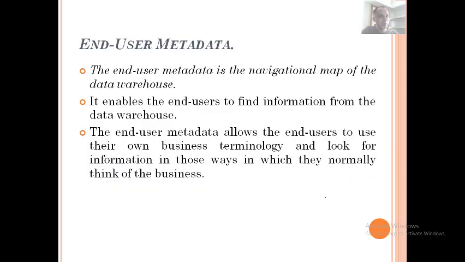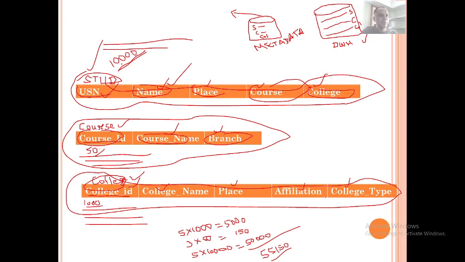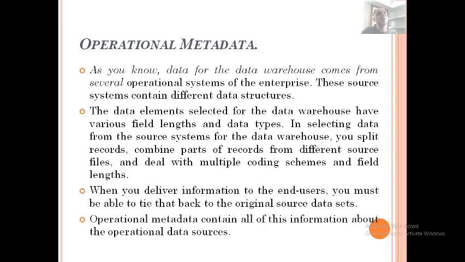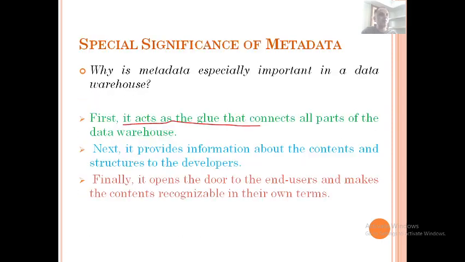See here now, as we discussed, it provides information about the contents, the description of the tables. Got it? Which tables are there, what are its fields, and what type of values it is storing. Those pieces of information will be stored in the metadata. So this is the second important factor for having metadata in the data warehouse.